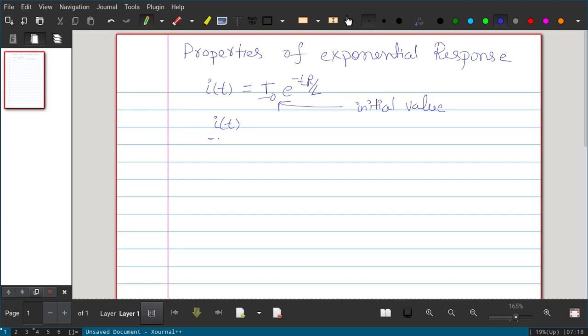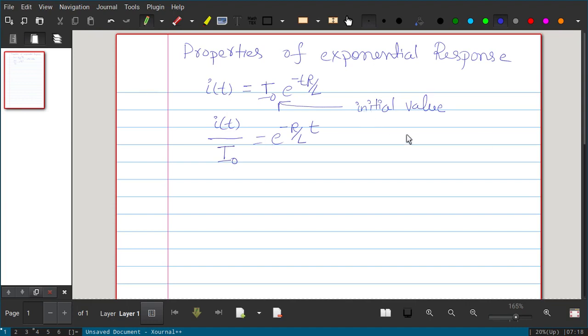Now if you want to see the normalized value, that means if I divide by this I naught, then it will be e power minus (R by L) t. What is the maximum value it can have? It can have a maximum value of 1, because at t equal to 0 the current is I naught, that is the maximum value. So I of t by I naught equals e power minus (R by L) t.